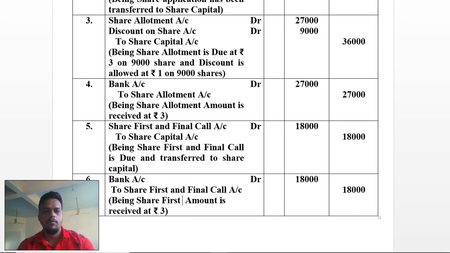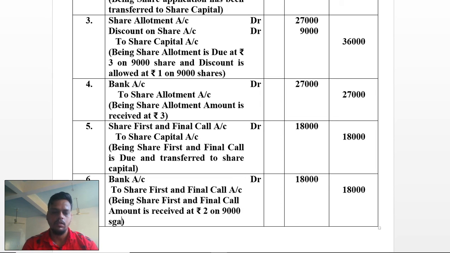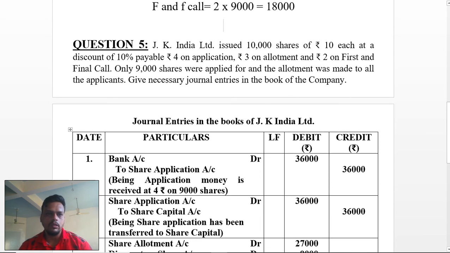Being first and final call amount is received at rupees 2 on 9,000 shares. That's it. As we have seen the whole thing in the entry, just go through this question.